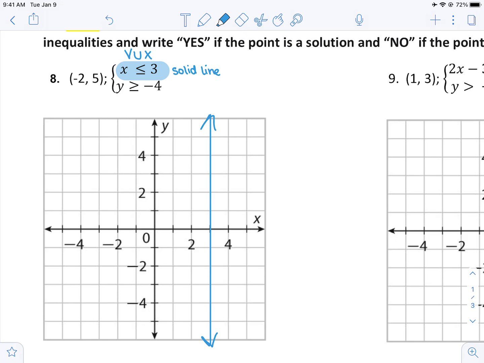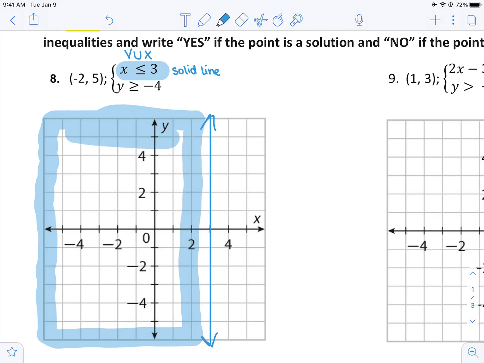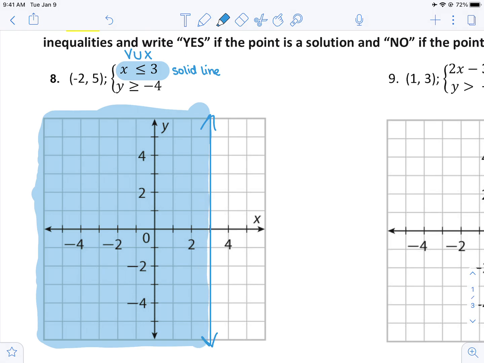So where are the x values that are less than? That's going to be on this side right here. So we want this area right here to shade. So all of these values right here are less than or equal to 3.